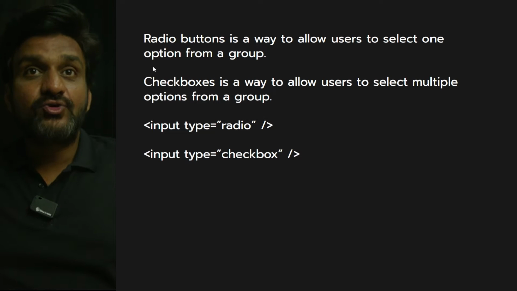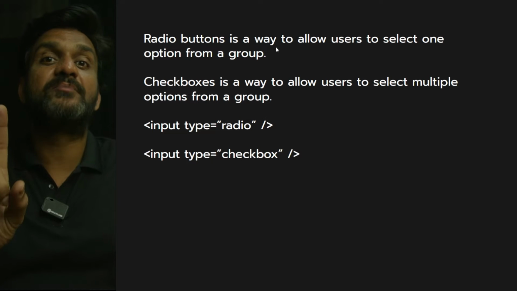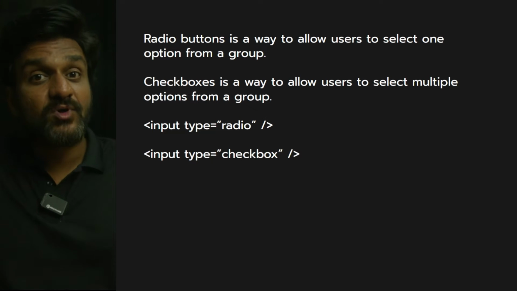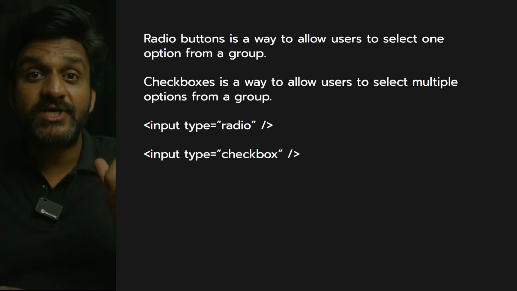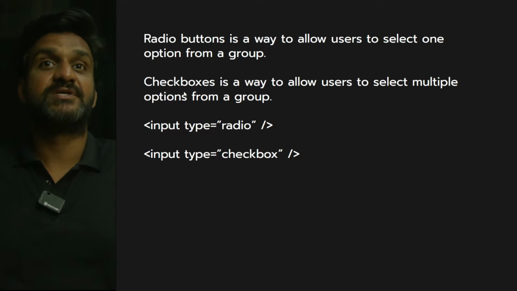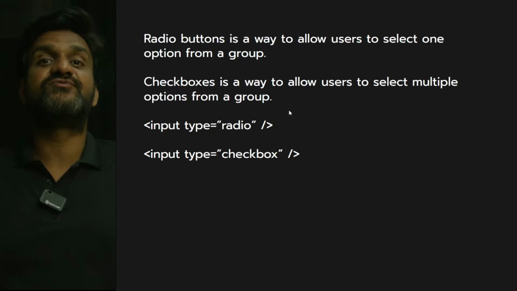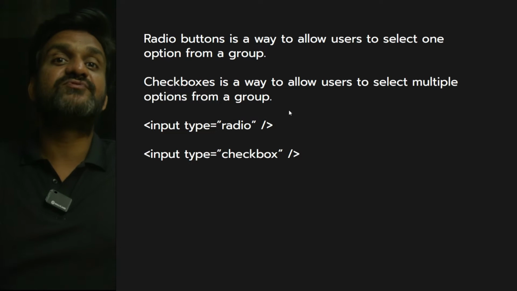If the user has to select only one option, in such cases we use radio buttons. What about checkboxes? The opposite of it. We have a group of options, but the user can select multiple options. Checkboxes are a way to allow the user to select multiple options from a group.